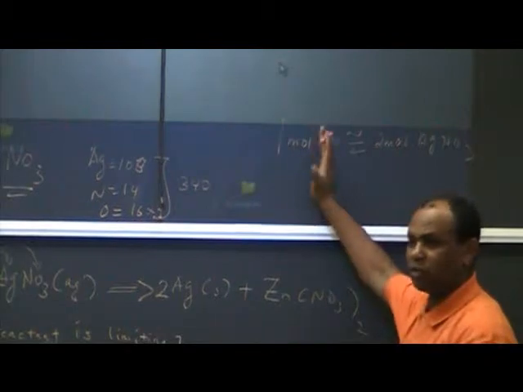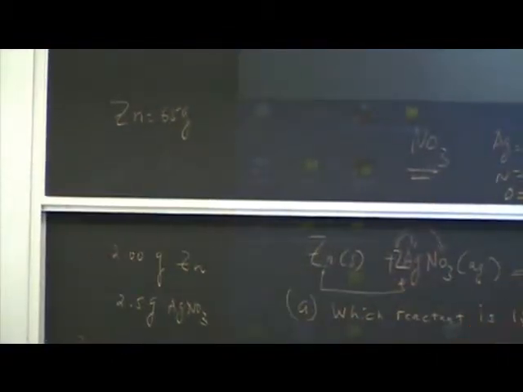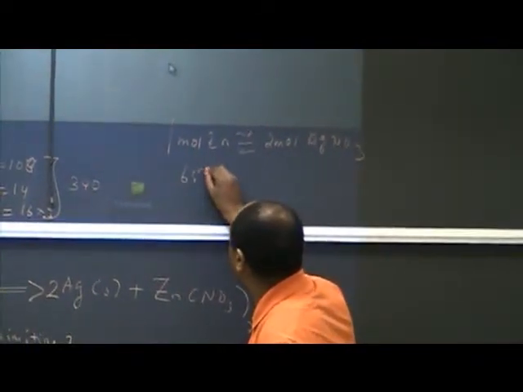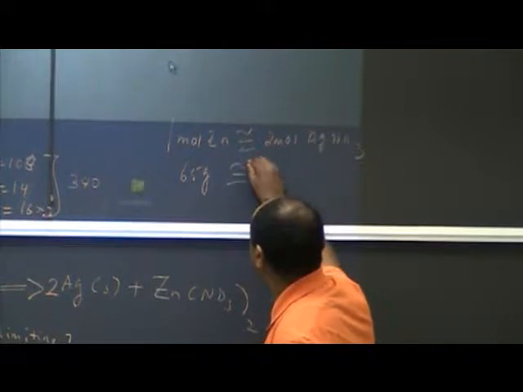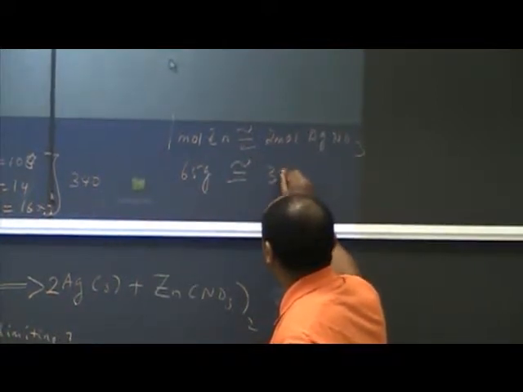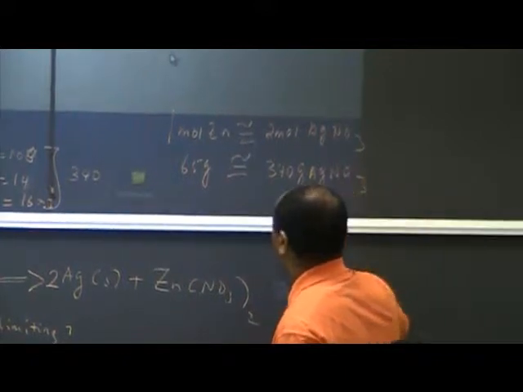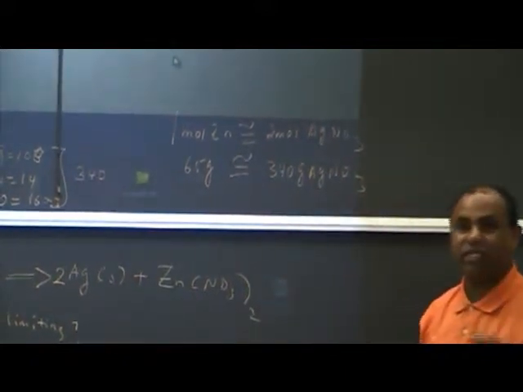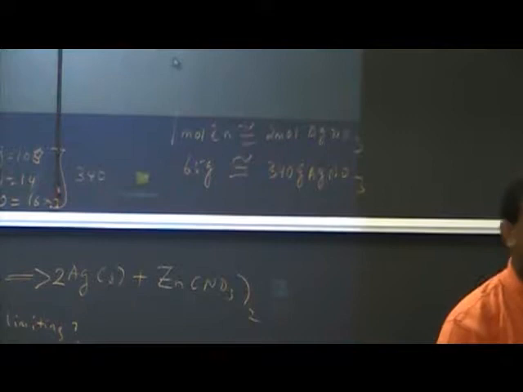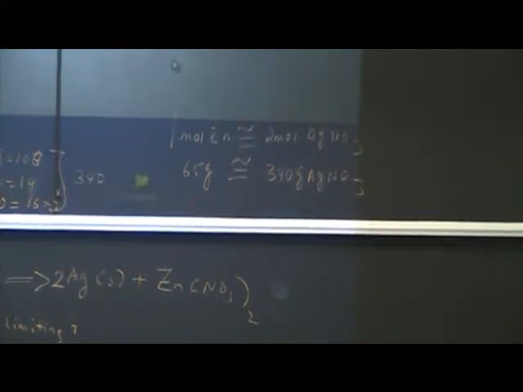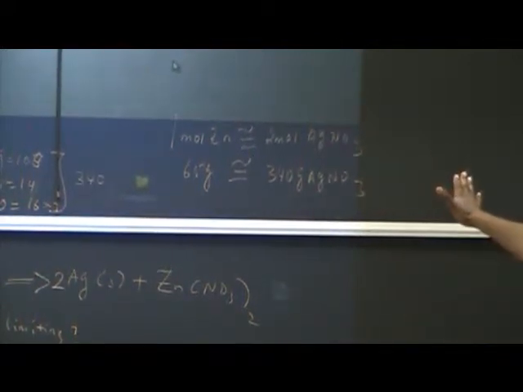Well, I don't want to deal with moles because these quantities are given in grams, so I have to change everything to grams. So 1 mole of zinc means 65 grams. 65 grams is stoichiometrically equal to 340 grams of silver nitrate. If that is the case, every 65 grams of zinc needs 340 grams of silver nitrate, according to what we have here.